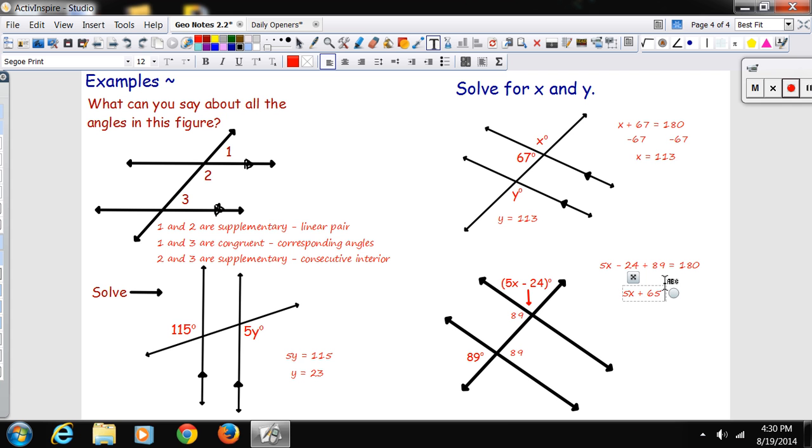You get a positive 65. Equals 180. Then you're going to do your subtracting 65 on both sides. So you'll get 5x equals 115. When you subtract 180 minus 65, you get 115, and we just had that over here. So y is going to equal 23. So your y value is 23. All right, we'll see you guys tomorrow.